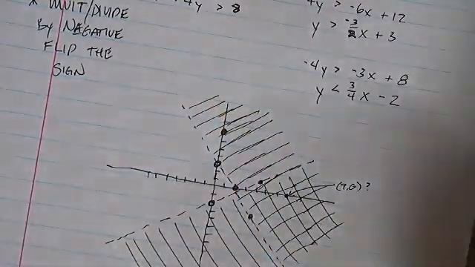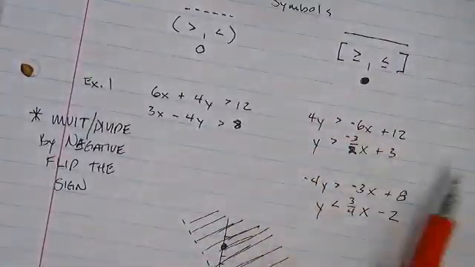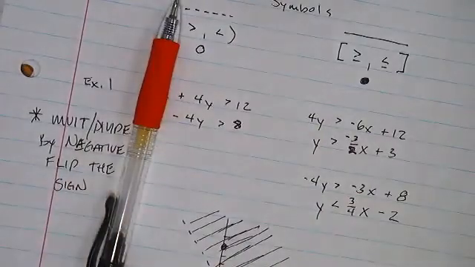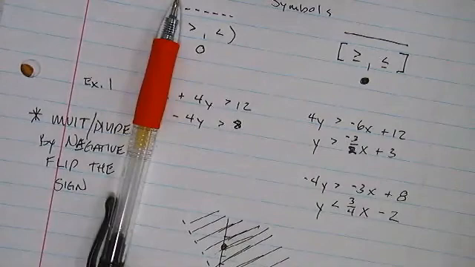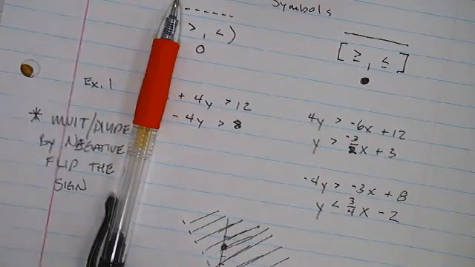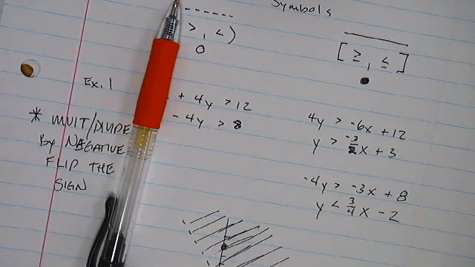And I would have tried that one. Well, 0, 7. Is 7 times 4 greater than 12? Yes, it's 28. Is negative 4 times 7 greater than 8? Well, negative 4 times 7 is negative 28, which is not greater than 8, which means that point does not work for both linear inequalities here. And I would know my shading was incorrect, okay?